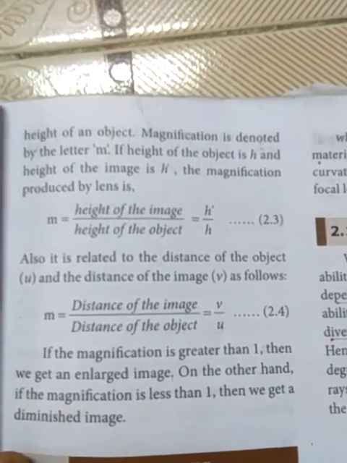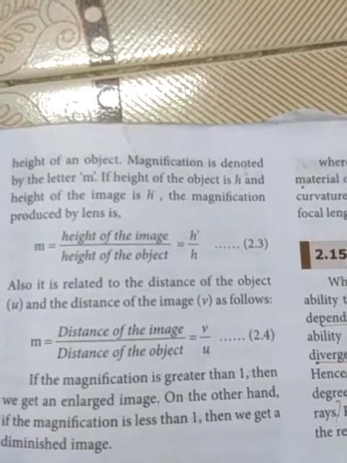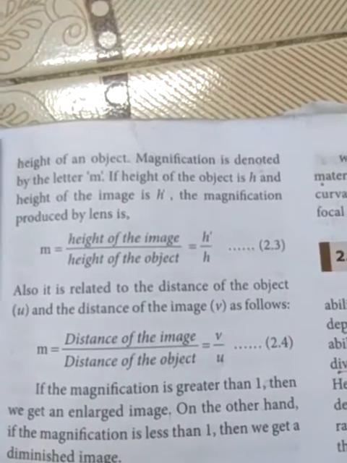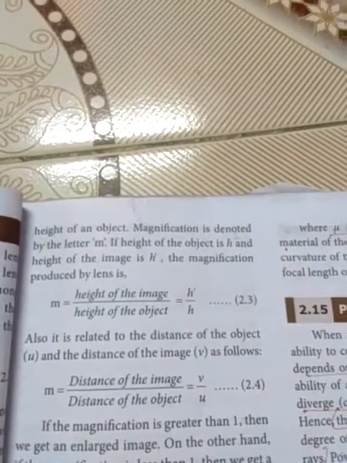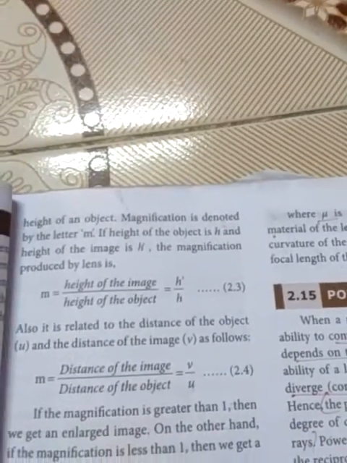The magnification is denoted by the letter M. If the height of the object is H and the height of the image is H dash, the magnification produced. So when you calculate the height of the image, we take H dash. The height of the object you are measuring, you take H.